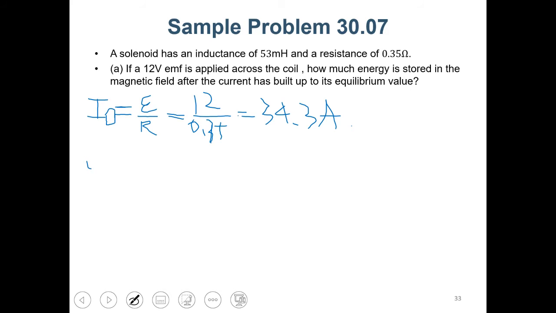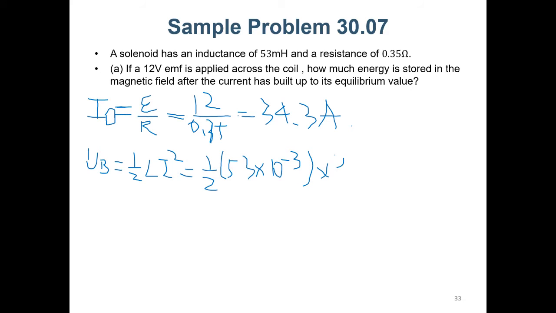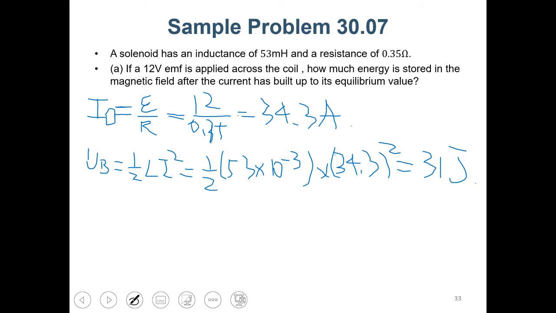And actually UB should be 1/2 Li squared, which is 1/2 times 53 times 10 to the minus 3, times 34.3 squared, which gives an answer of 31 joules.